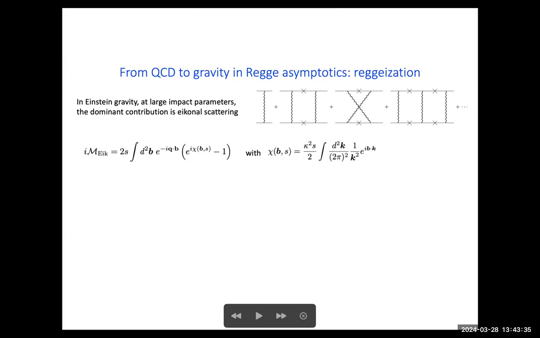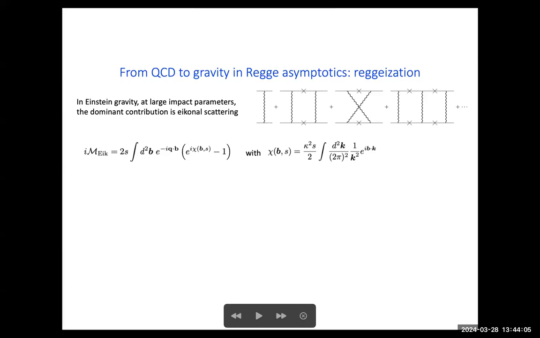Now gravity on the surface is a very different theory, because if you think about scattering of objects at large impact parameters, it's dominated by so-called eikonal scattering. So what that means is that if I think of 2 dust motes at some distance, which are scattering at very high energies, then this leading term is the Einstein term. Yes, it's the famous Einstein term.